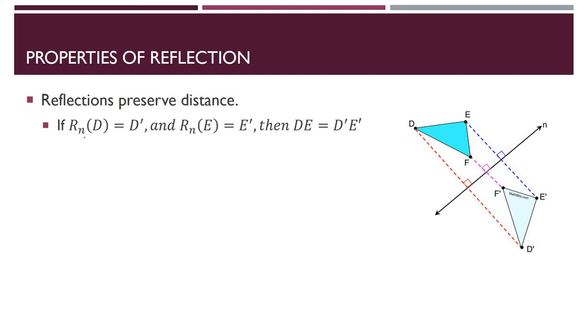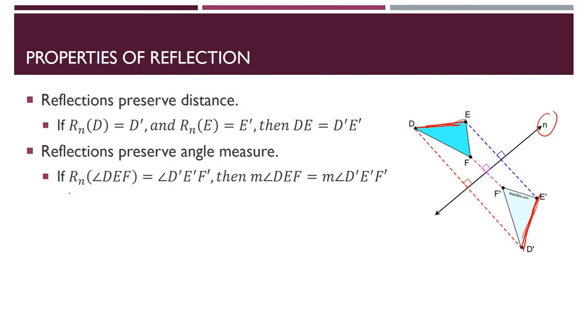If a reflection over line N of D equals D prime, and the reflection of E is E prime, then DE remains the same distance as D prime E prime. In other words, they don't change the distance of my shape, they just change its position reflected around the line N. So that's one property.